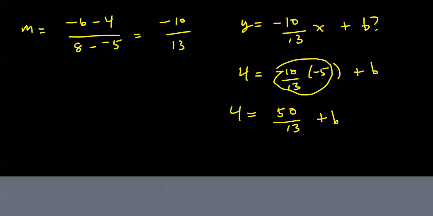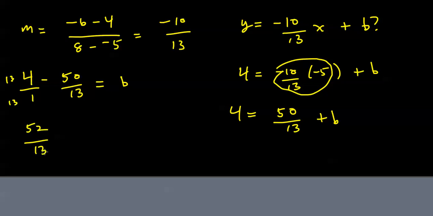Running out of room here. Let me go over here. I will subtract 50 thirteenths from both sides. And then perform a little fraction arithmetic. Well, 4 is, of course, 4 over 1. If I multiply top and bottom by 13 here, I'll get a common denominator of 13.